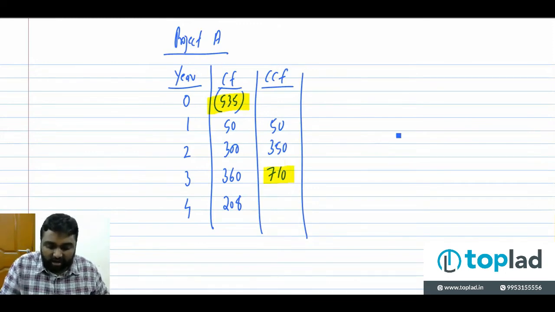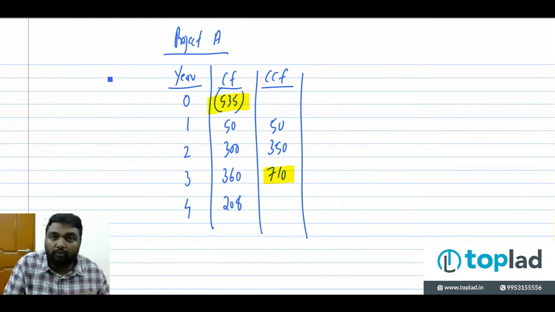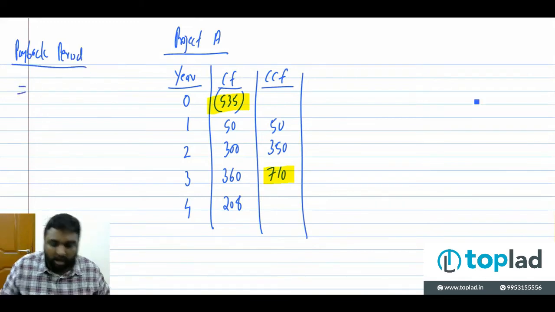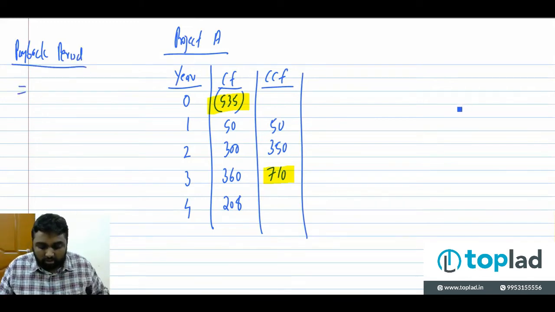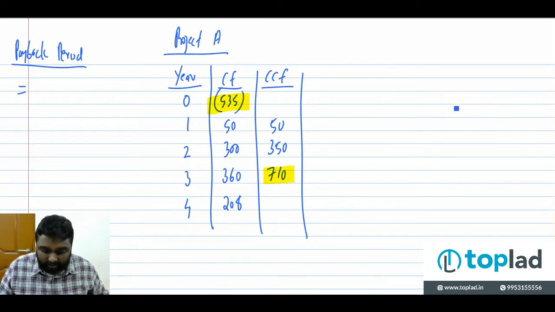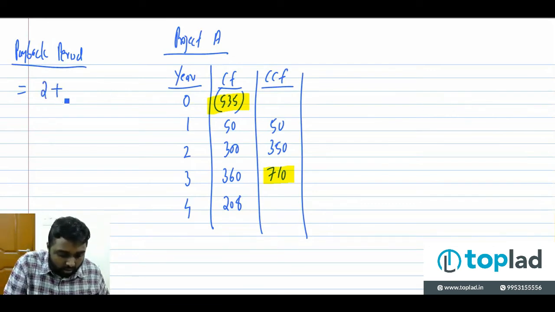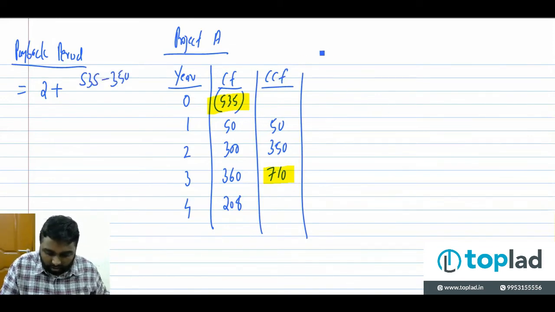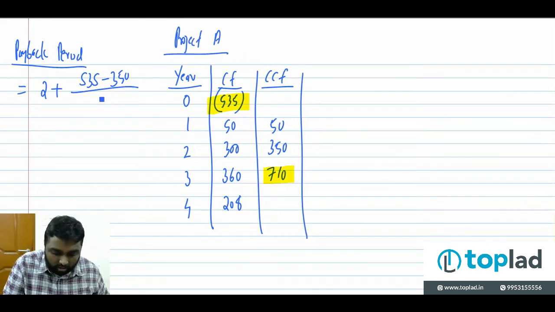It is already crossing. So first normal payback period. Though it is not asked in the question, we are doing it for revision purpose. So what will be the answer? It is after 2 years. We want to get 535. Up to 2 years we got 350. Third year we got 360. So what will be the answer?